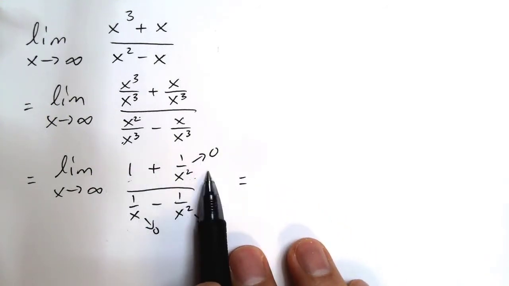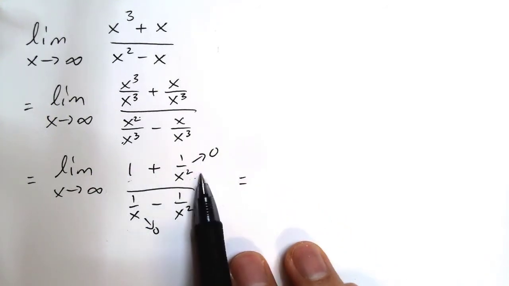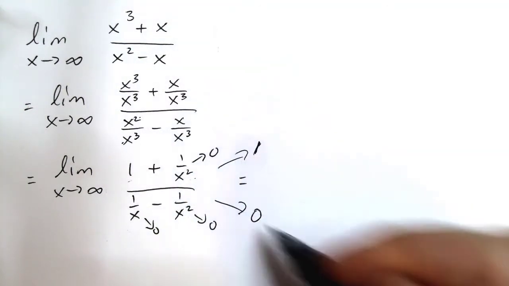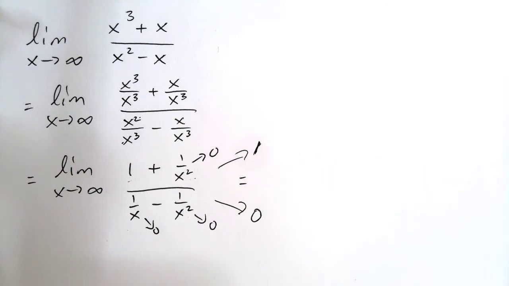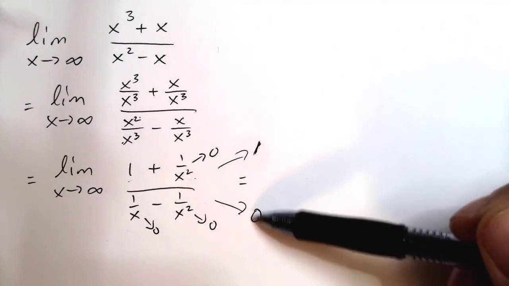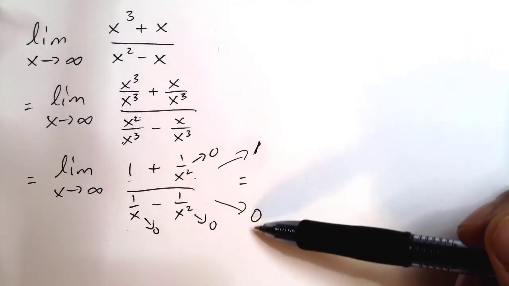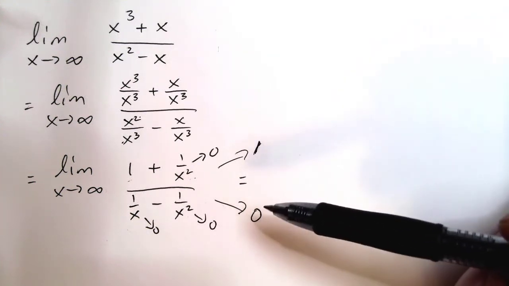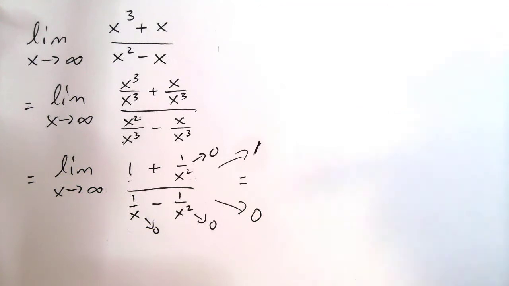It's going to 1. So if the numerator is going to 1 and the denominator is going to 0, what's happening here? Well, I'm taking a number and dividing it by something that's getting very, very small. The result gets very, very big. So what's happening here is that this thing is not getting close to any one number. It's actually blowing up to infinity.